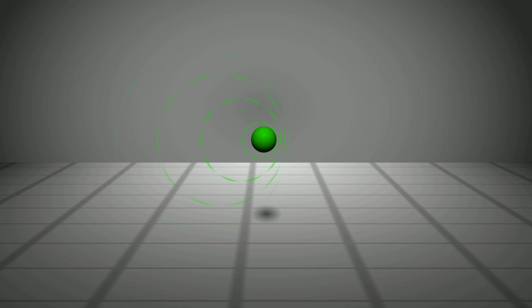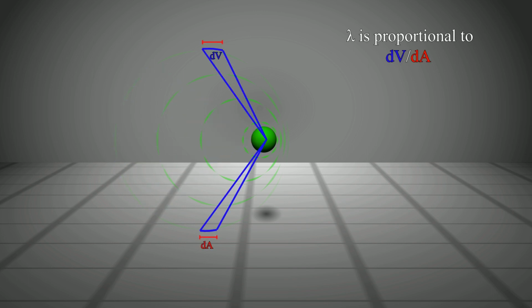We can divide a sphere into open spherical sectors which emanate from the center of the Doppler effect. These sectors will each have their own wavelengths along their volume, proportional to the division of their volume dV by their exterior surface dA. The inverse of this division would then give the resulting energy level of each individual sector.